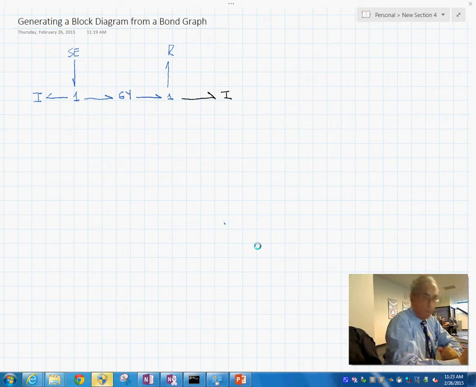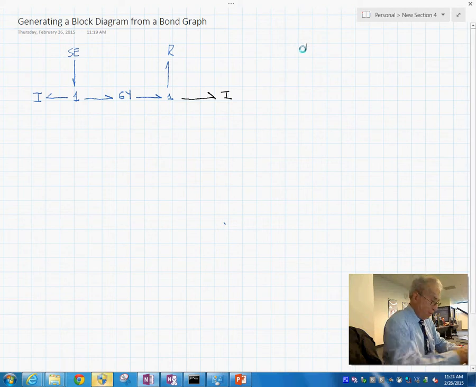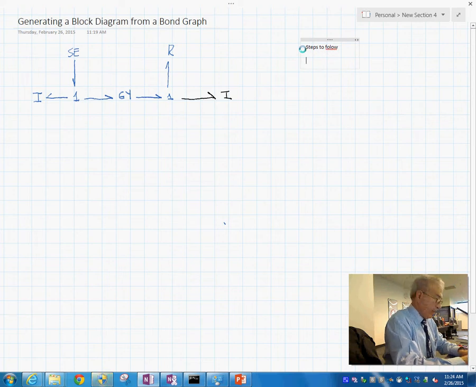So what I'm going to do is go on the right hand side in here and enter the steps. I might just put them as steps to follow. The first thing that I would do is, one, number the bond graph, number the bonds.